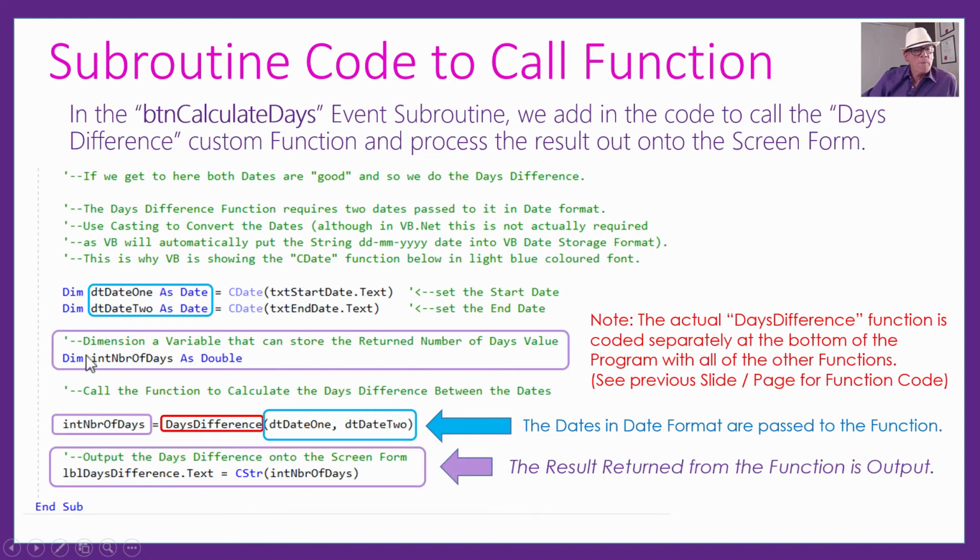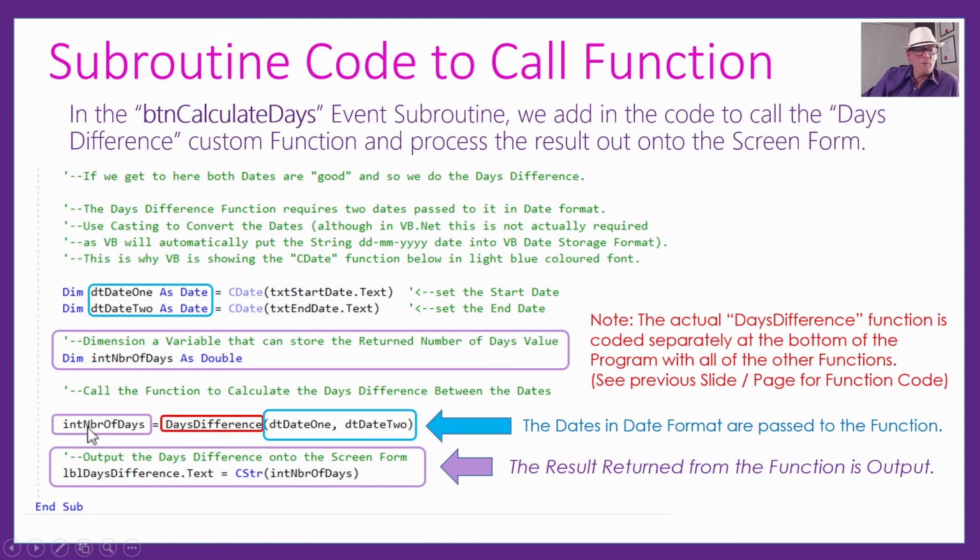And we need a variable dimensioned here, int number of days as double. Now I think that should have been integer, because it's only returning the number of days in whole number form anyway. It doesn't matter if it's double, but we probably could have put integer there, especially since we've called it int number of days. That's a mess up and I'll have to go fix that in the program code.